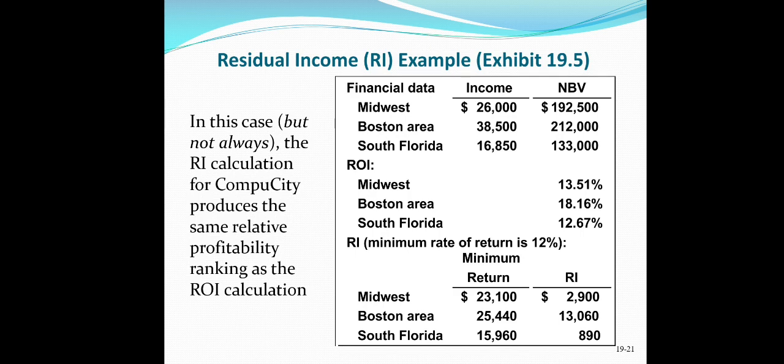The ROI is 18.16% and the RI is $13,060. So that is rank number one according to RI or ROI. The second in the ranking is Midwest, with ROI 13.51% and RI 2,900. South Florida ranks number 3, with ROI 12.67% and $890 RI.